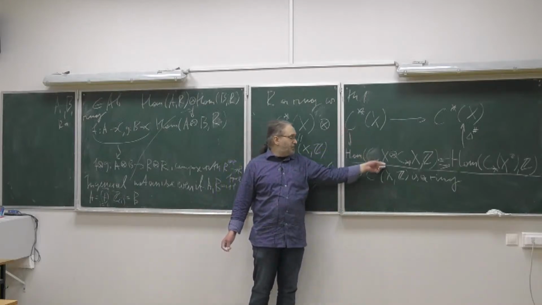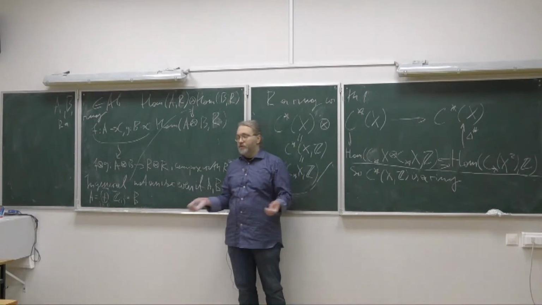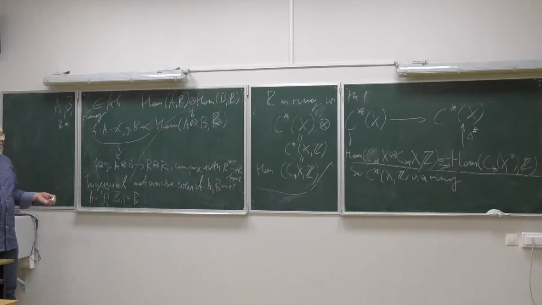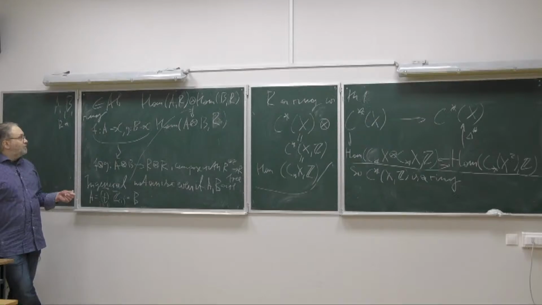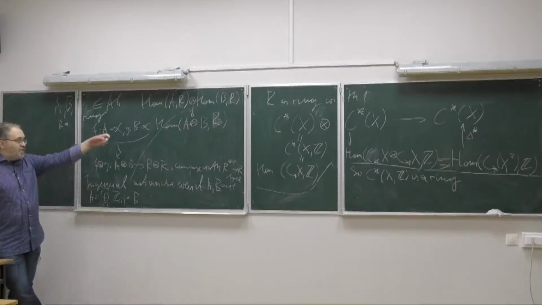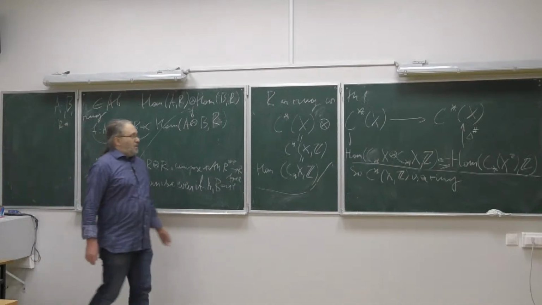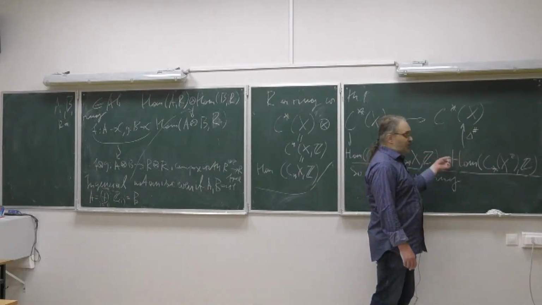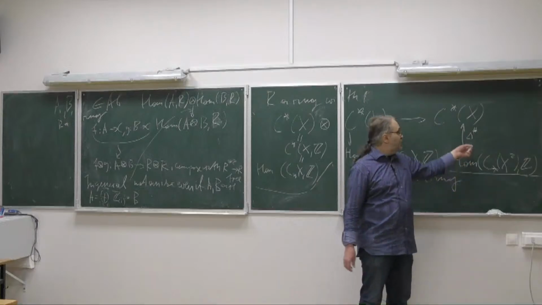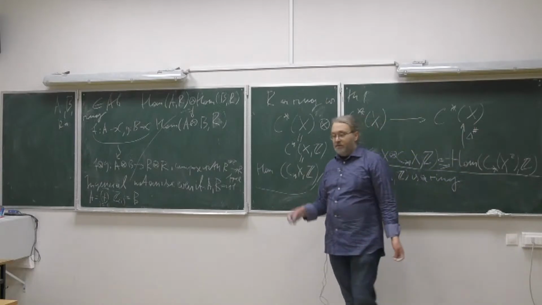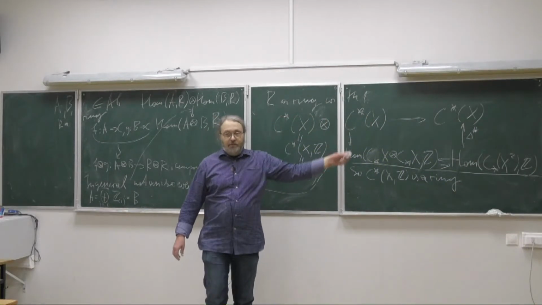So I have a map from this group to this group, which is in general not an isomorphism, but the map is there, and then I use this arrow, which is not straightforward, but we know it exists, and then I use the other arrow.